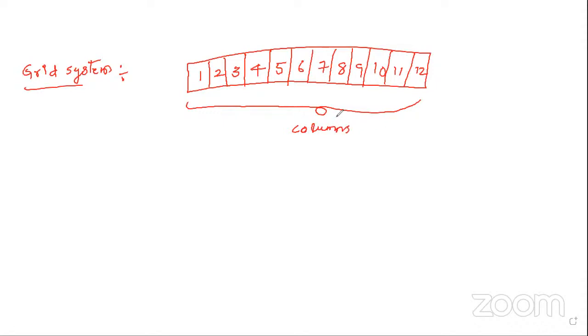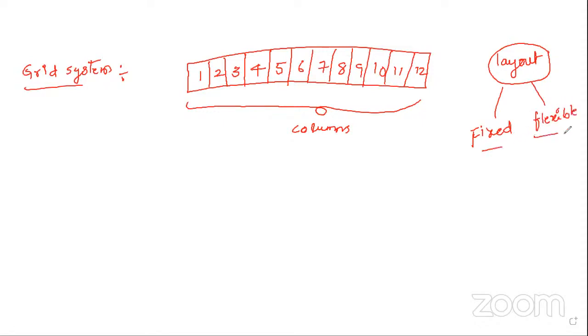Bootstrap has a different set of layouts. If you are familiar with the layout concept in HTML and CSS, you can easily understand. One is fixed layout, another one is flexible layout.